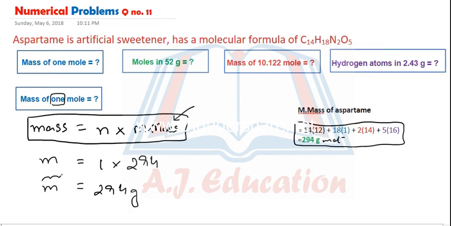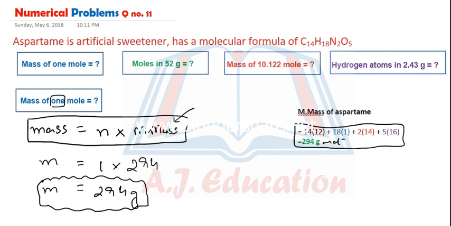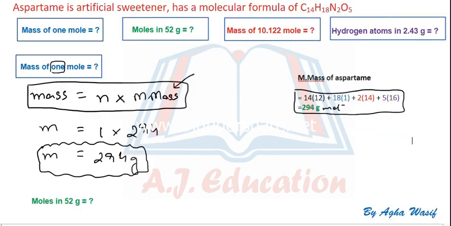So this is our first numerical problem solved over here. Now let's move on to the second one, that is how many moles would be there in 52 grams of aspartame.